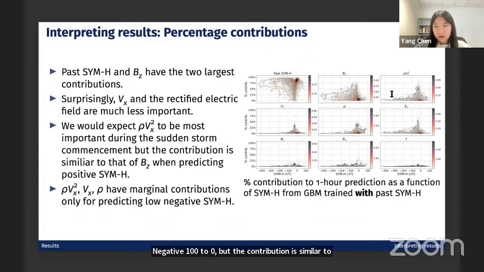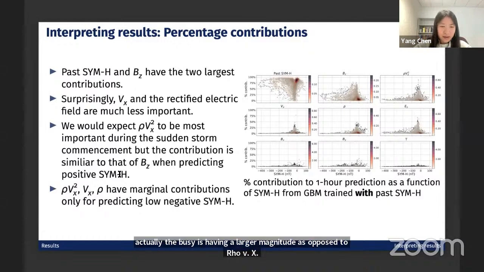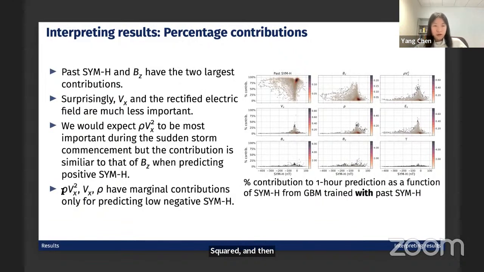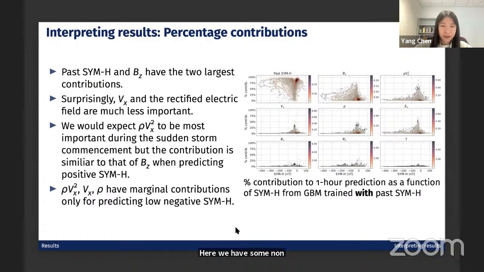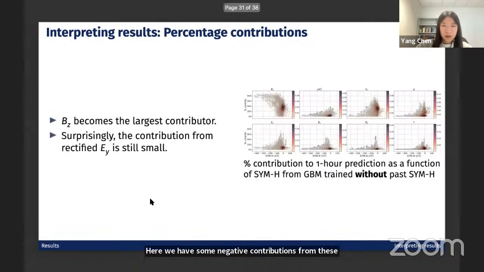These two figures look very similar, and actually the Bz has a larger magnitude as opposed to rho Vx squared. And then those quantities, rho Vx squared, Vx, and rho, have very marginal contributions, only for predicting very negative Sym-H values. So corresponding here, we have some non-negligible contributions from these quantities for very negative Sym-H values.